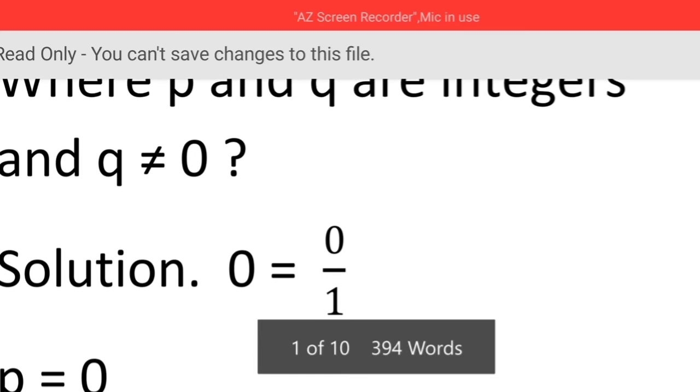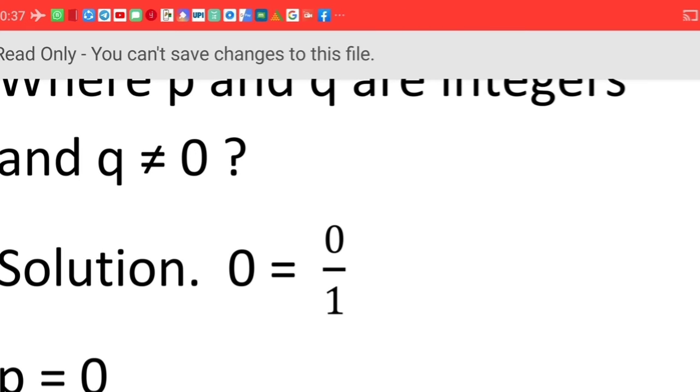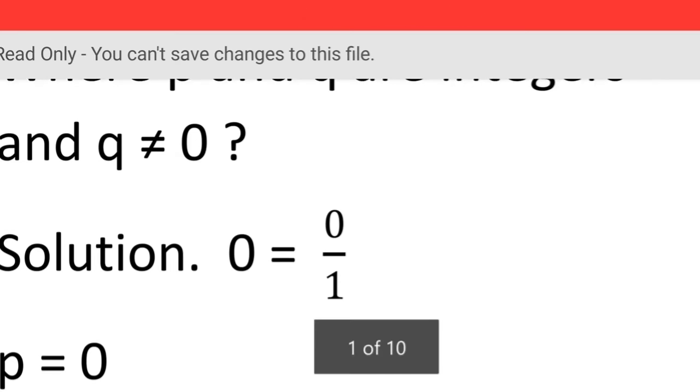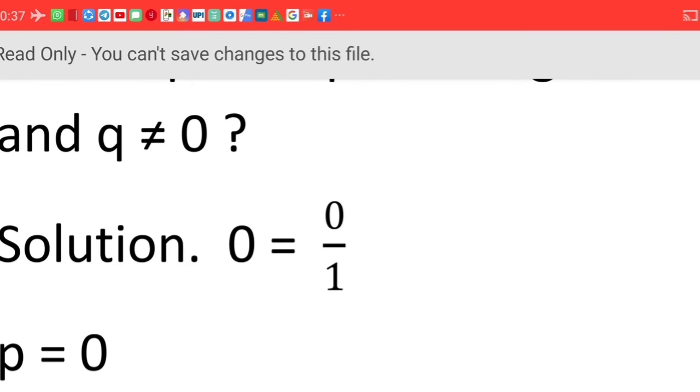Let us go to the solution. 0 is equal to 0 by 1, which is 0 only. 0 is a rational number, and 1 is also a rational number. And 1 is not equal to 0.